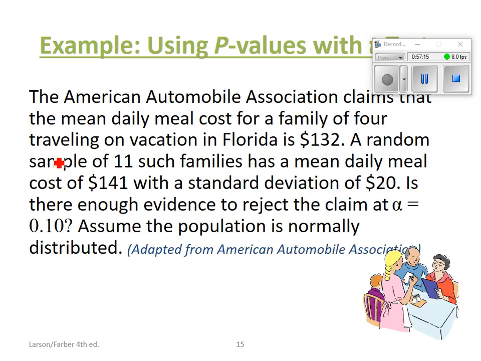Mu does not equal $132. This time we know our N is 11, our X bar is 141, our S is 20, and our alpha is 0.10.